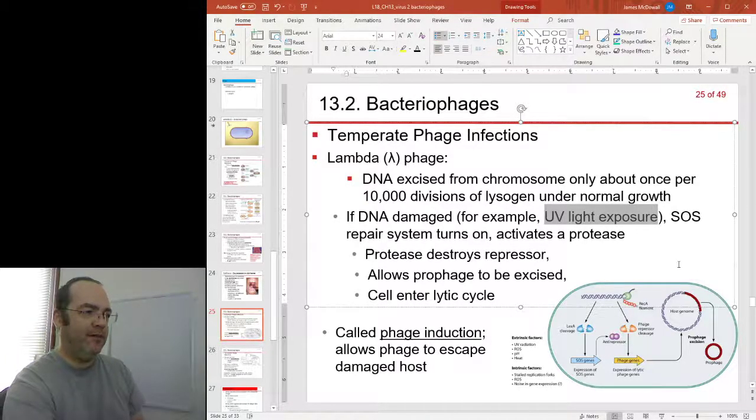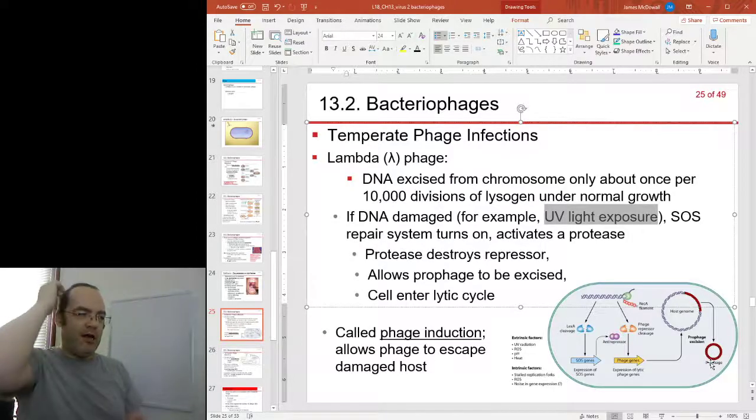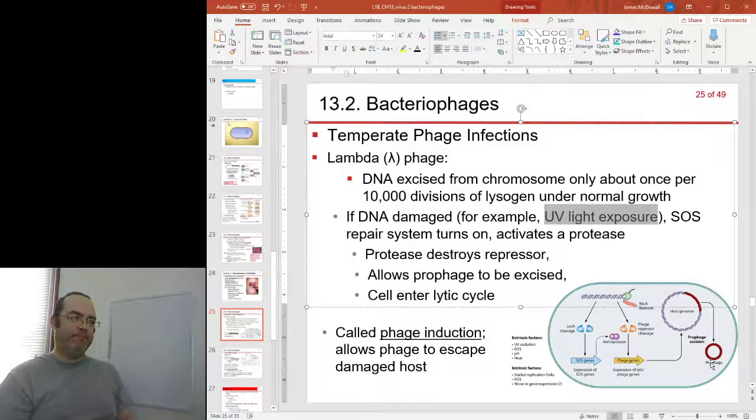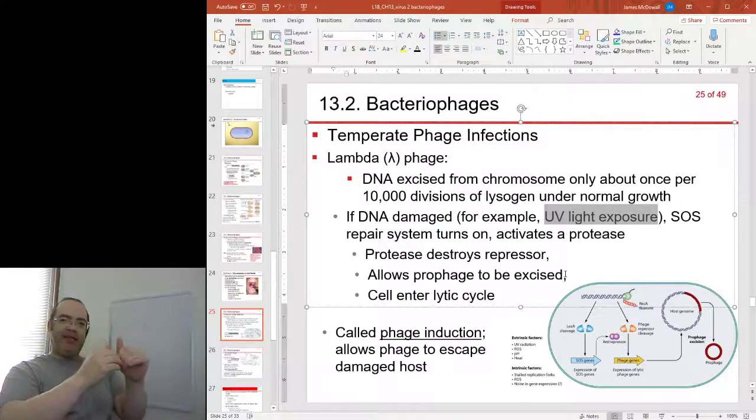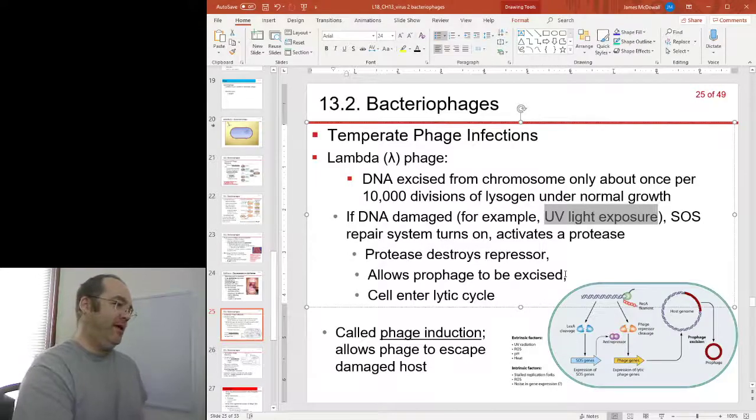It'll come along, it'll snip out the prophage, and it'll be able to go along and start the lytic phase. So this is how the lambda phage or the prophage knows when the ship is sinking. The bacteria gets damaged, that leads to a chain of events, and that leads to the virus escaping the sinking ship.